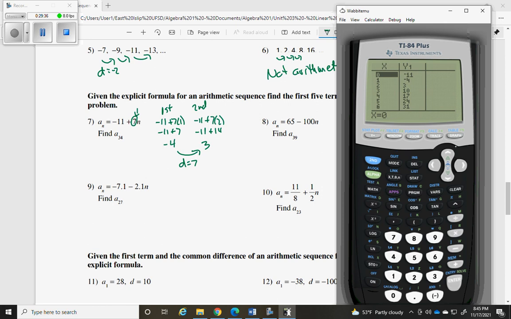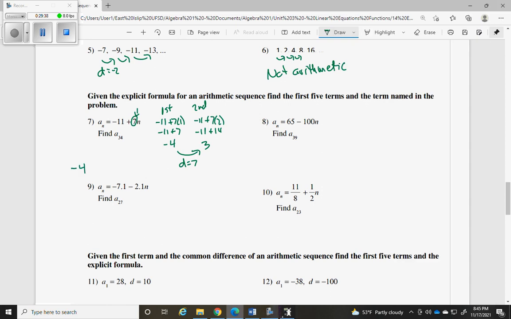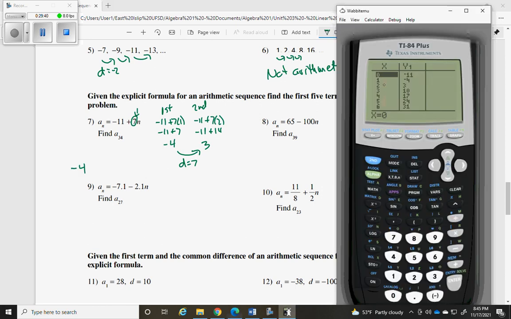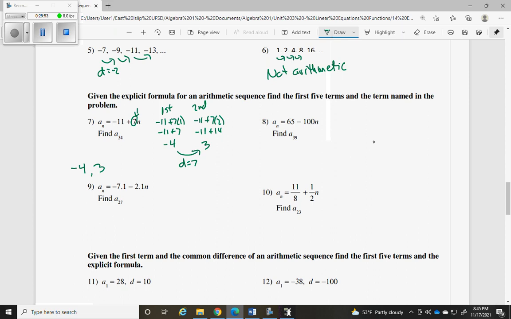The first term is negative 4, right? You have to look at when x is 1 to know the first term. The next one is 3, then 10, then 17, then 24. And now I just listed all the numbers.